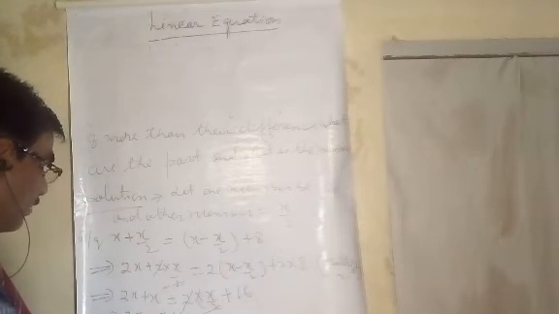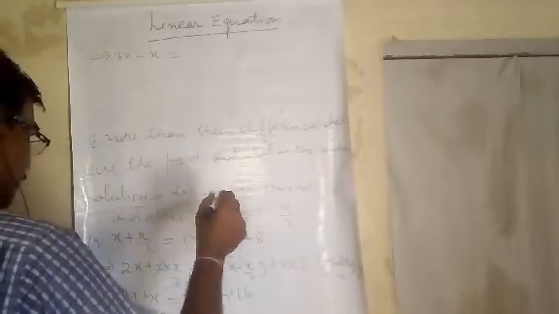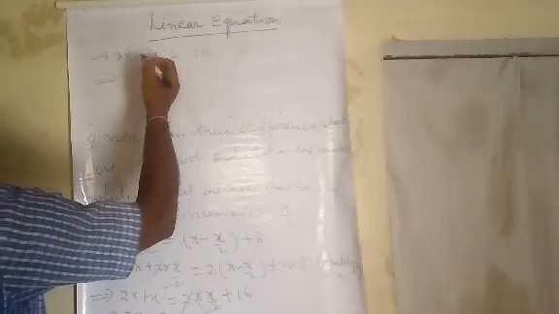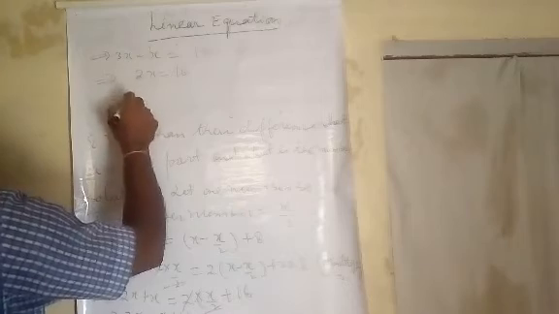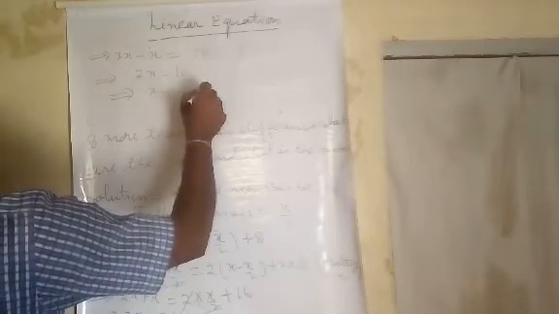When you transpose plus x from the right-hand side to the left-hand side, it will be minus x, so 3x minus x equals 16. Subtracting x from 3x, you get 2x, therefore 2x equals 16, so x equals 16 upon 2. Then x equals 8.